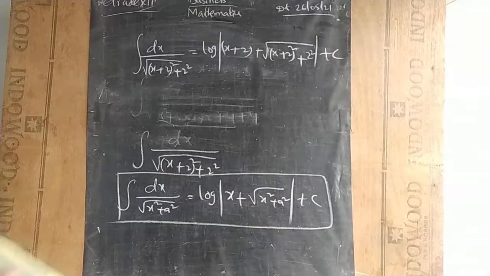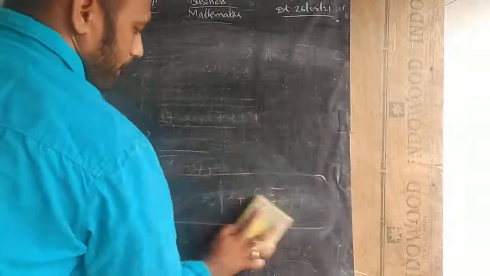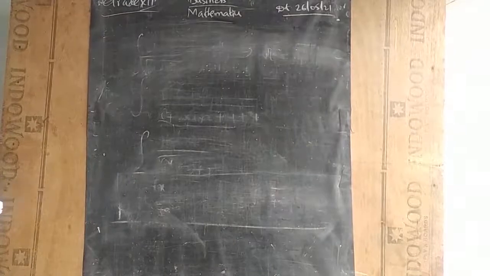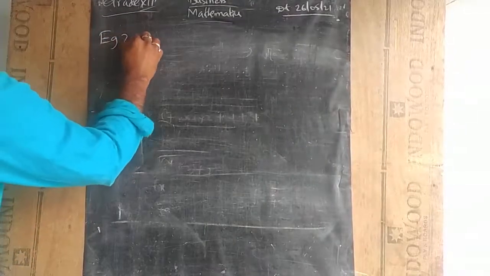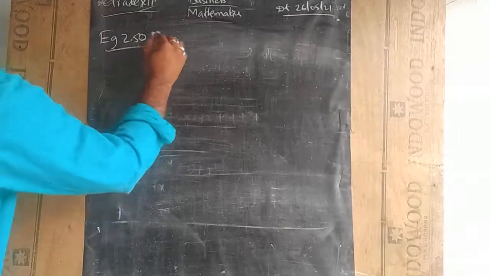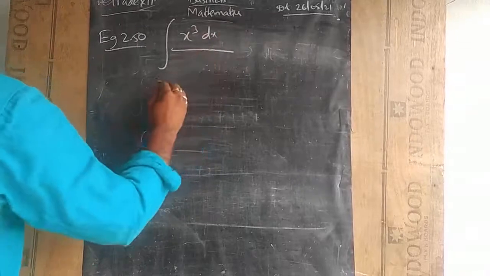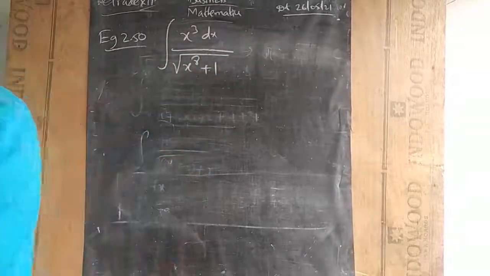Let us see the next example. Example 2.50: integral x cube dx divided by square root of x power 8 plus 1.